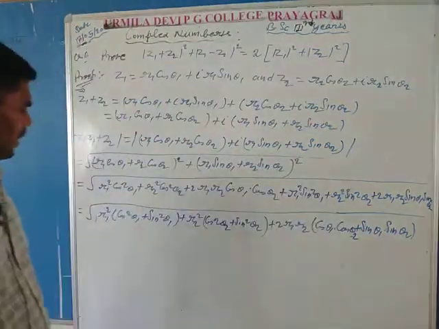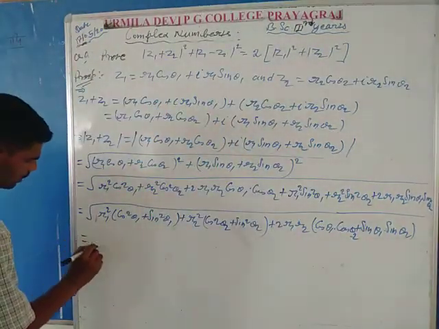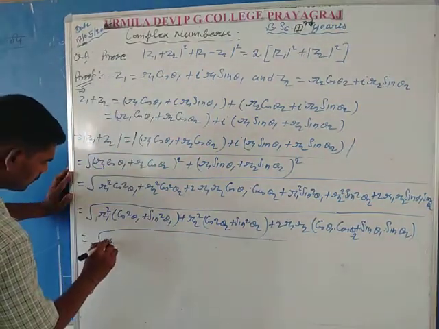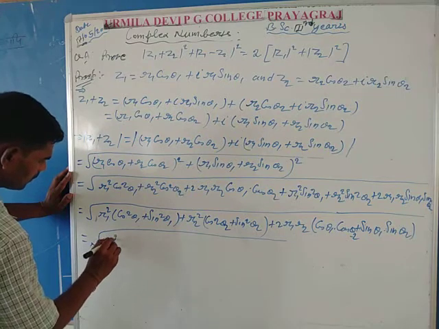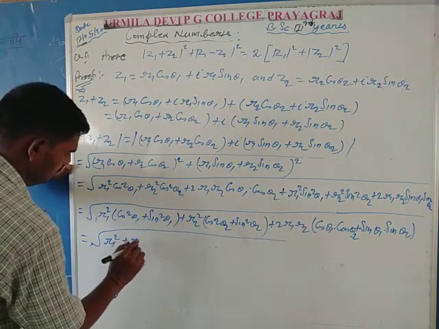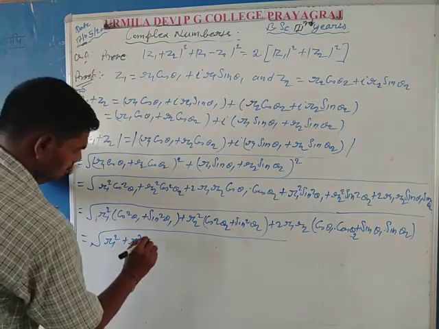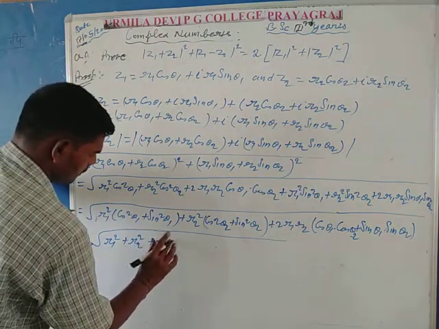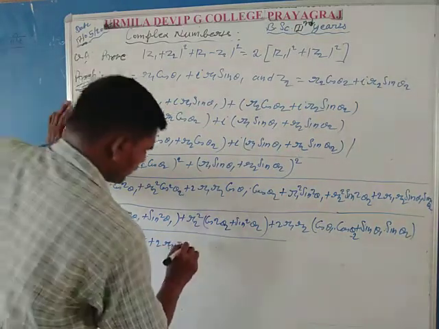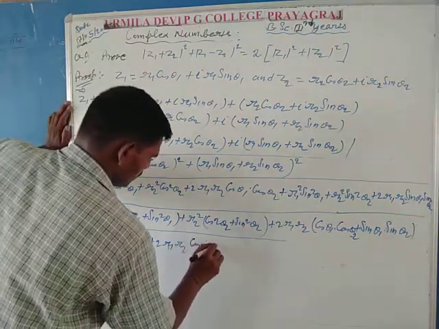Using the trigonometrical formula, it is equal to the square root of R1 square plus R2 square plus 2 times R1 R2 cos theta 1 minus theta 2.